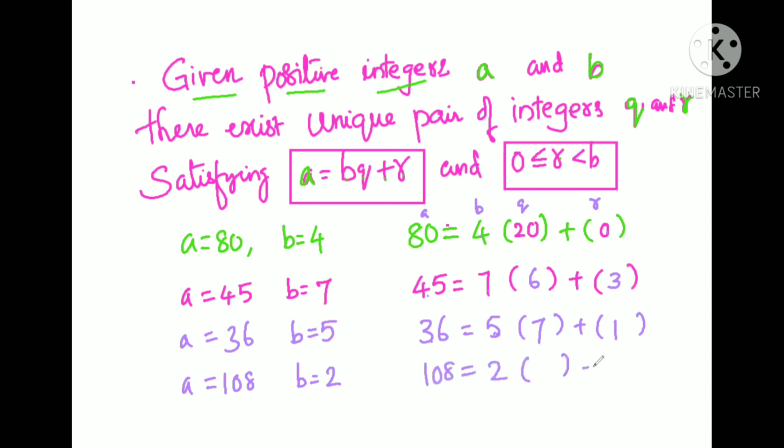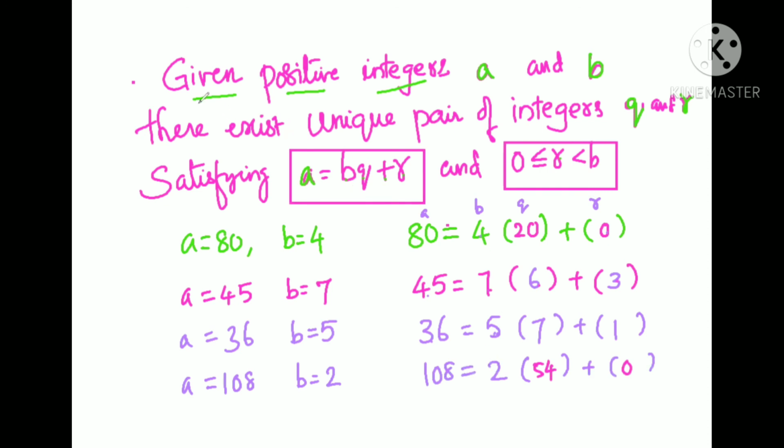So for these two numbers A and B, there should be only one pair such that A is equal to BQ plus R, and this R is always less than B.